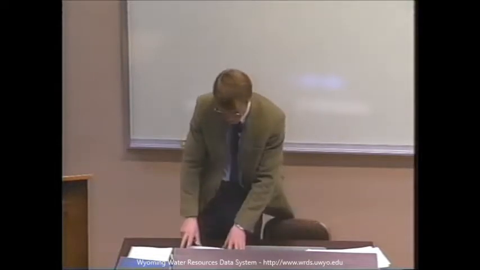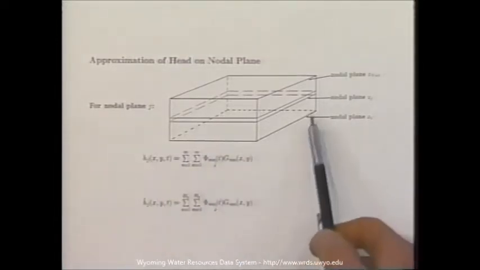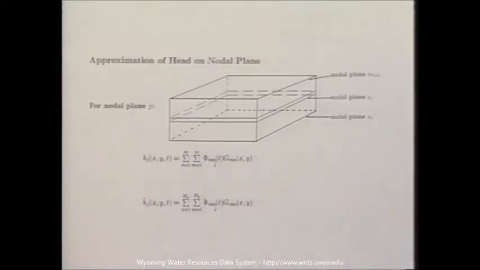So going back to our domain, our aquifer, I will take nodal plane Zj, and you can think about just sliding it out. And on that particular nodal plane, it's got a function of head. And I will estimate that head, a function of x and y, in terms of this Fourier series. I also included a j in here to indicate that that's for that particular plane in your aquifer.